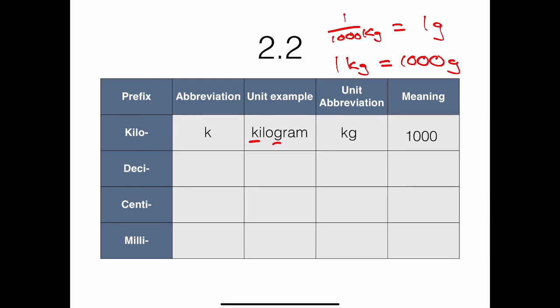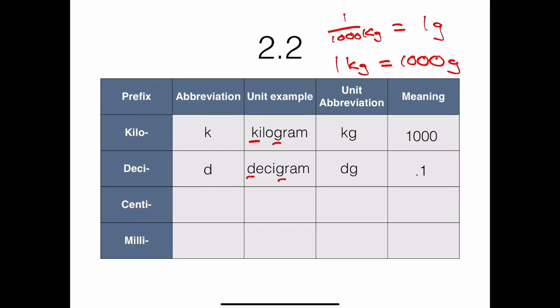For deci we see a D prefix. The unit example here, I'm just using the gram all the way down for consistency, so this would be something like a decigram. Unit abbreviation, again, we're just taking the first letter, so this would be something like dg. And the meaning of deci is 0.1 or 1/10.